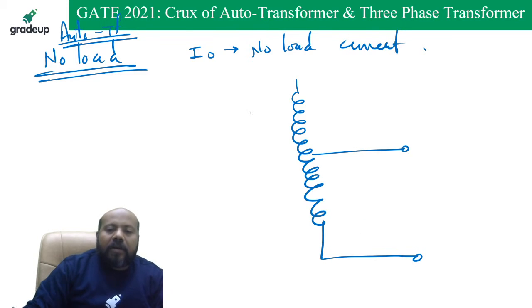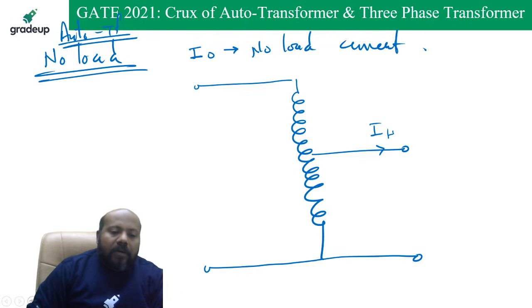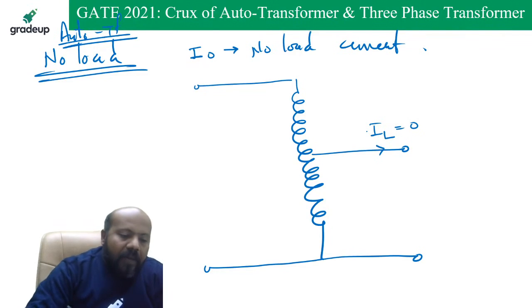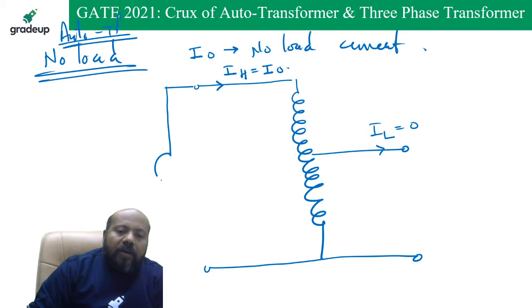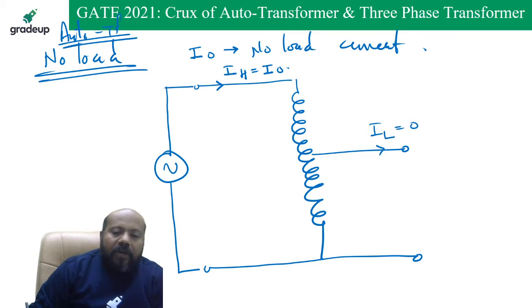Because this is the no load condition, definitely there is no current taken by the load. So IL is going to be 0. And whatever current is taken by the primary is simply going to be I naught. That is the no load current taken by the auto transformer.